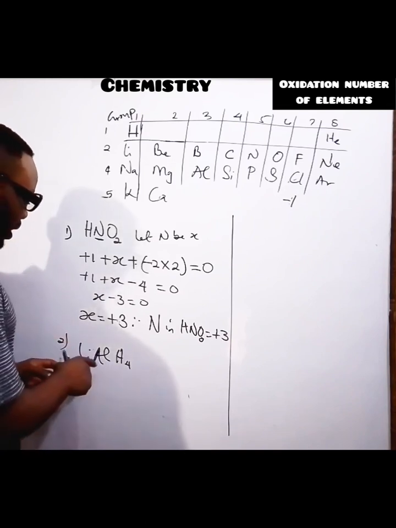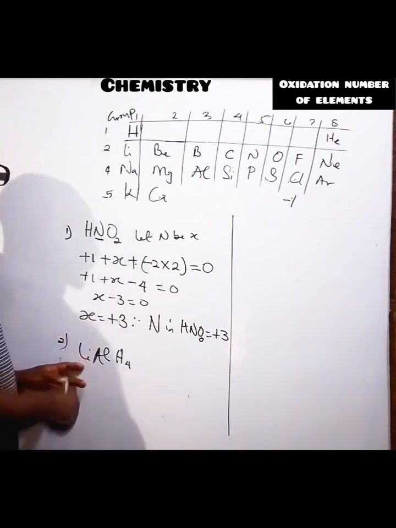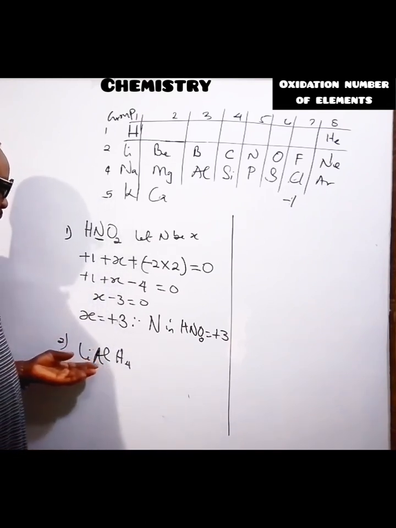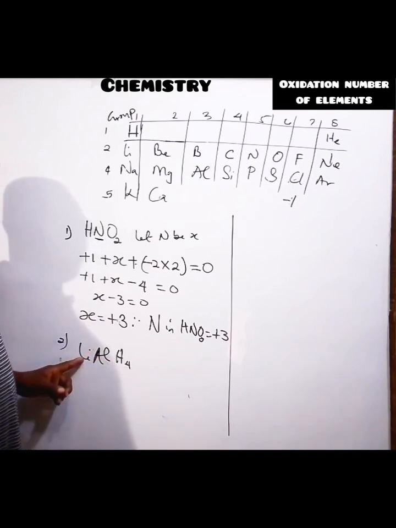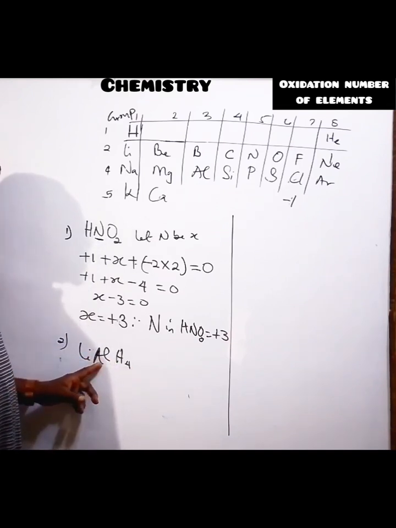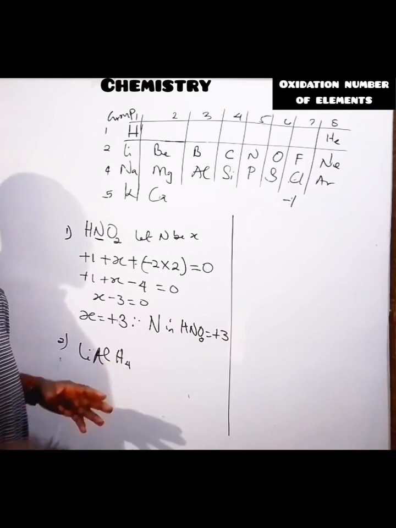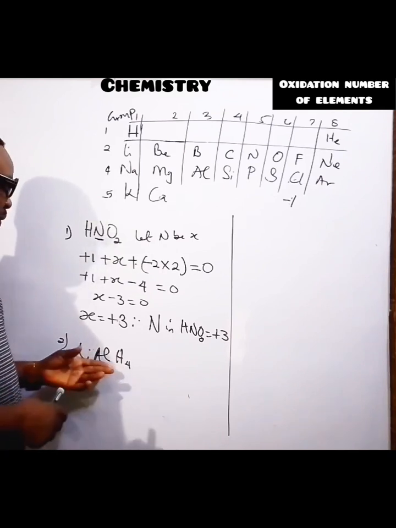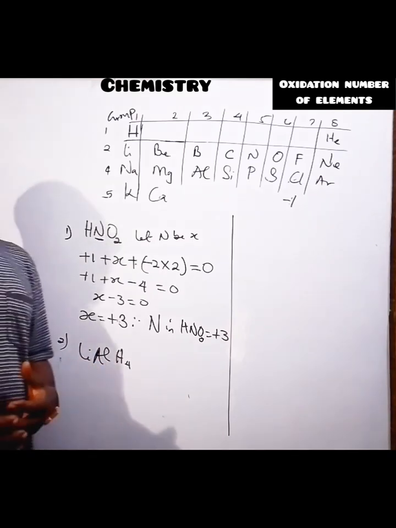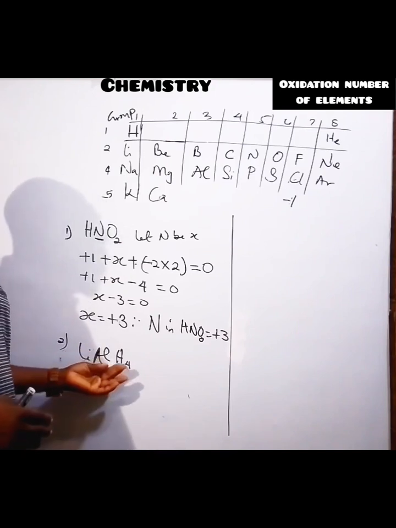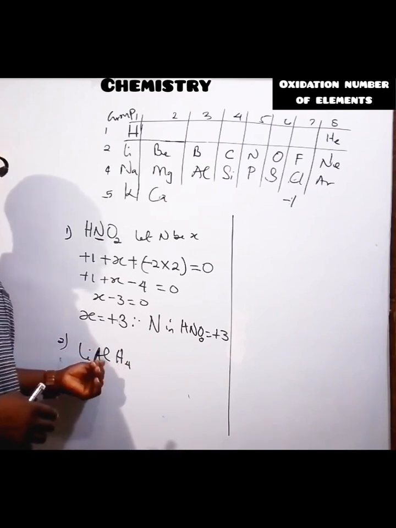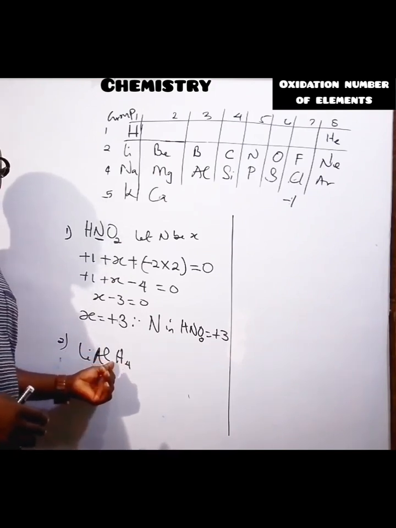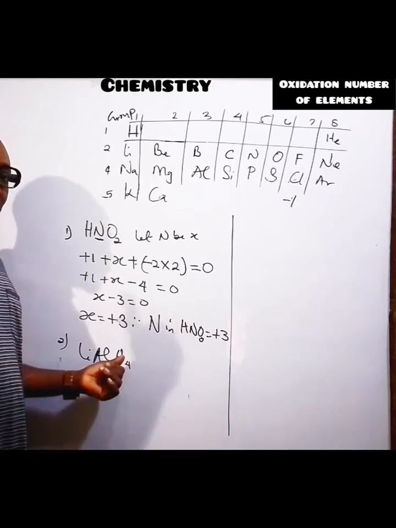Look at the atoms that you find here. Lithium is a metal, aluminium is a metal, and hydrogen is found in group 1 as well. Don't forget, we have said earlier that when hydrogen combines with metals, the oxidation number of hydrogen will be equal to -1.